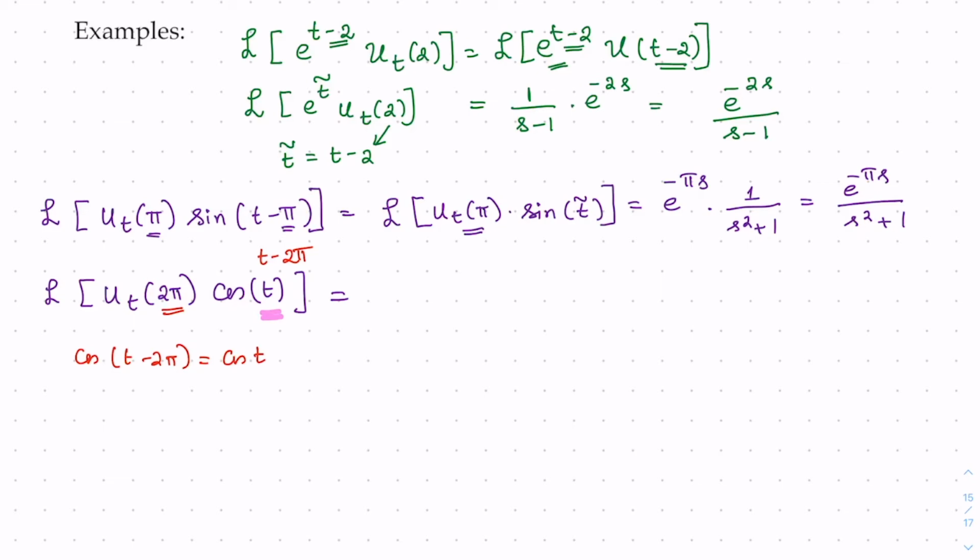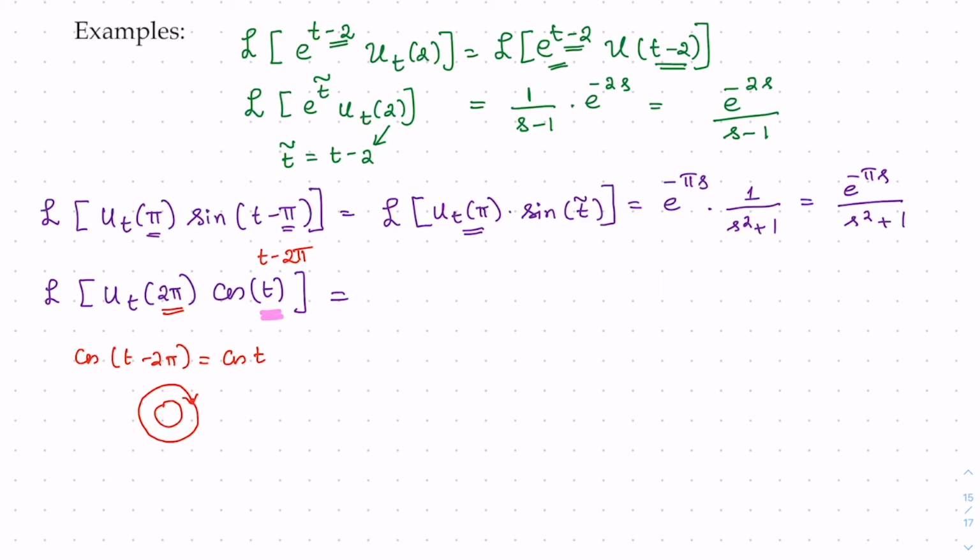The reason is that t minus 2 pi is going one full rotation in the opposite direction. If the angle is t here, then going negative 2 pi means you get back to the same angle, so it doesn't matter. It gives you the same value.